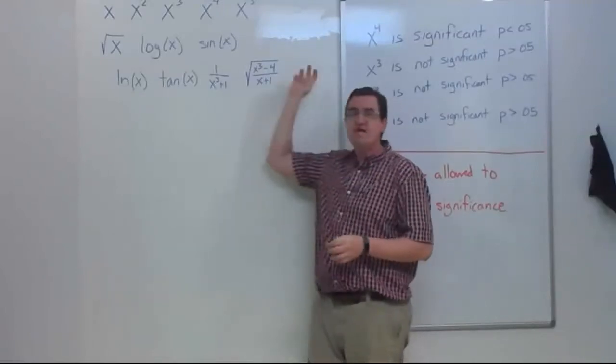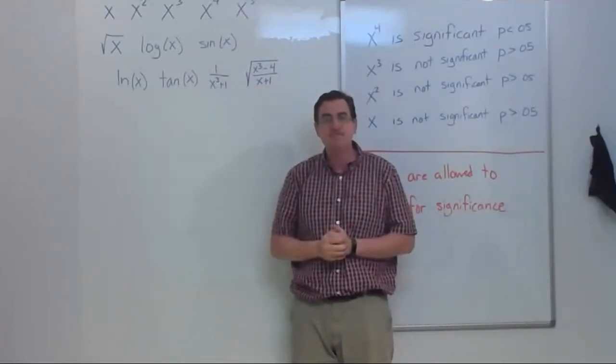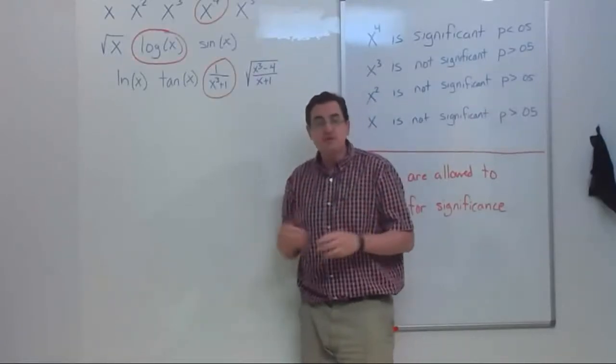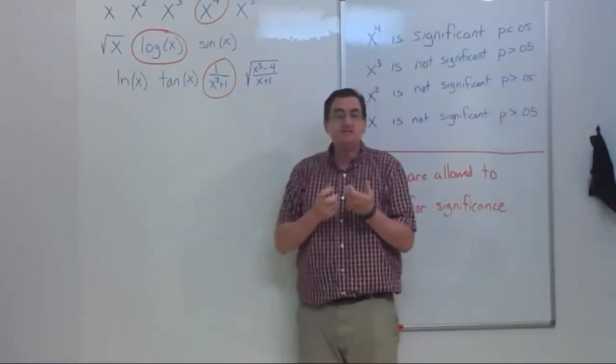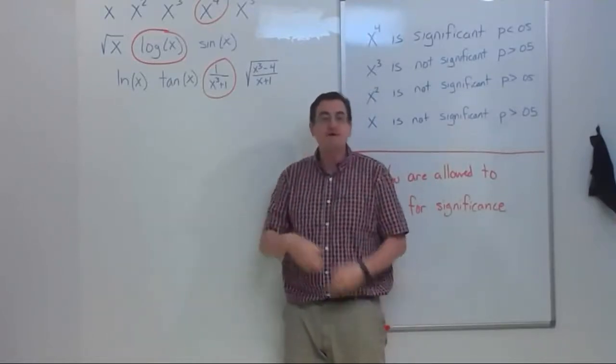Well, if you try enough stuff, eventually you'll start to find terms that are significant. It may not necessarily be real that those were significant terms because you make type 1 errors 5% of the time. That's why we use an alpha of 0.05.